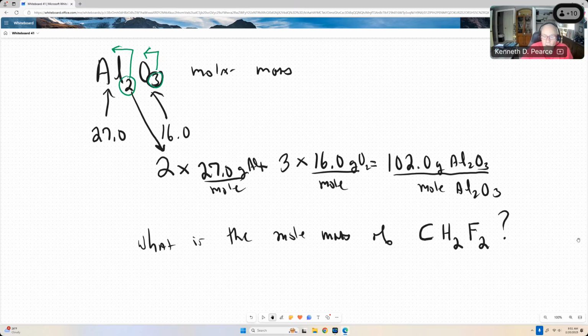So what's the molar mass of CH2F2? That means there's 1 carbon, 2 hydrogens, and 2 fluorines. All right, let's take a moment to do that. And as soon as you got it, just unmute yourself and let us all know that you got it. Because I can't see you otherwise.